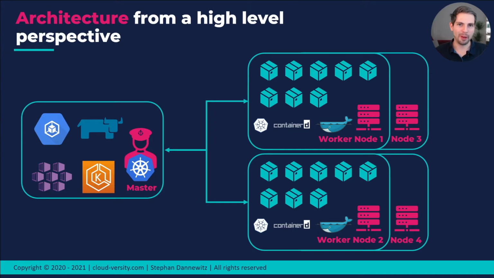But of course, you need to pay for it. For Azure, it's the Azure Kubernetes Service, so AKS. For AWS, it's the EKS service, Elastic Kubernetes Service. And for Google, it's GKE, Google Kubernetes Engine.